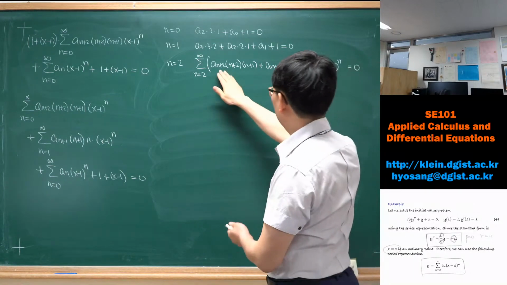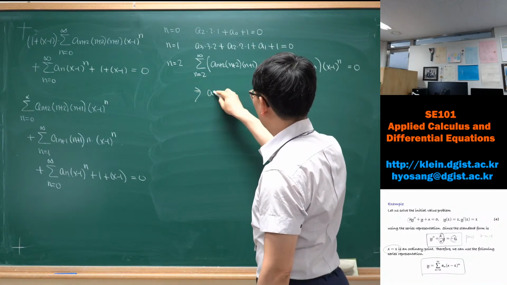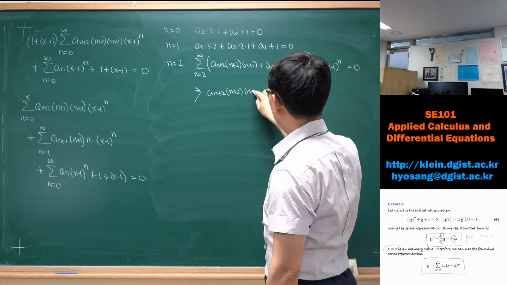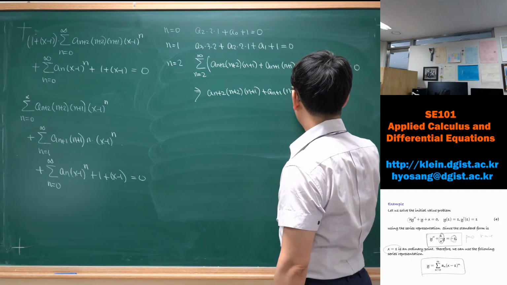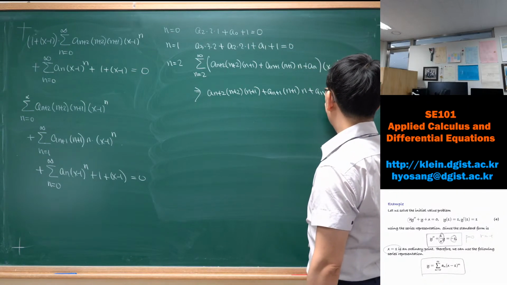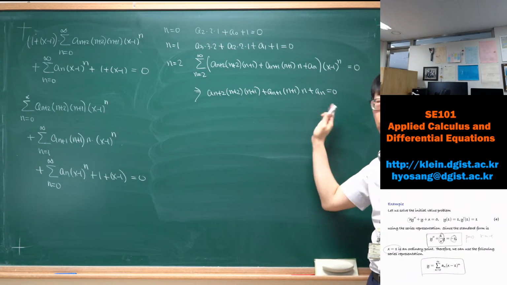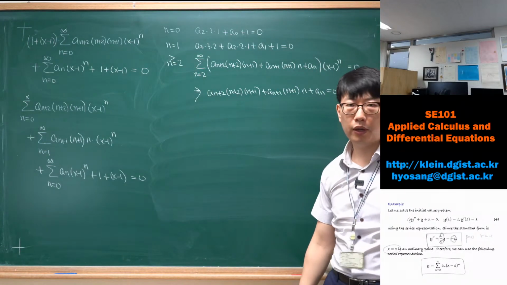So that means a_{n+2}(n+2)(n+1) plus a_{n+1}(n+1)n plus a_n equals 0. And this recursive formula only works for n bigger than or equal to 2.